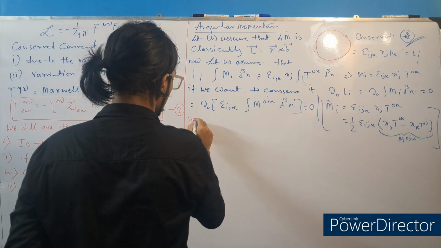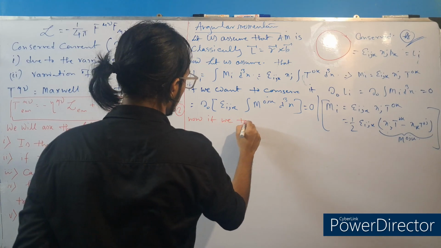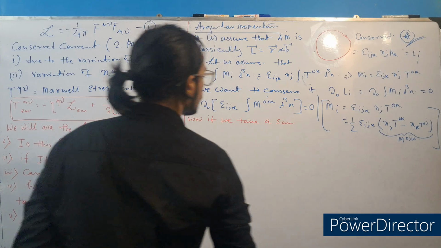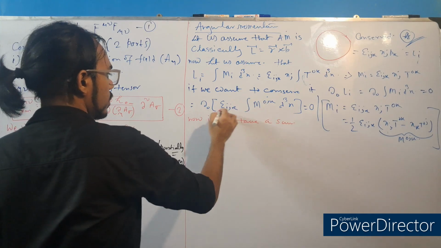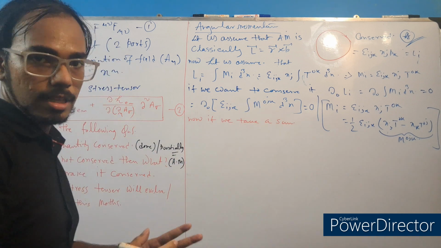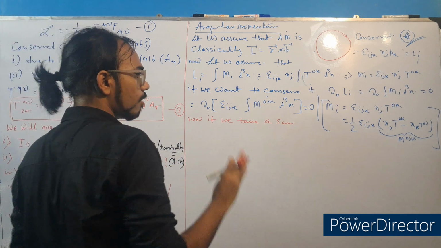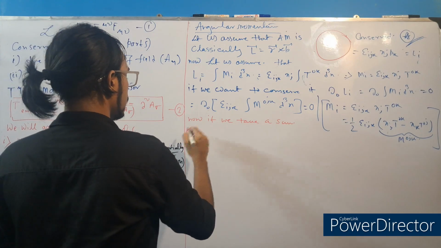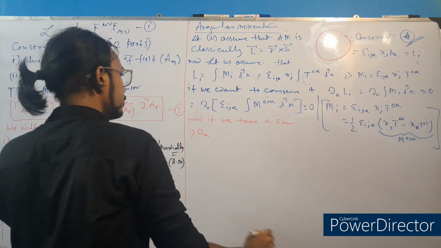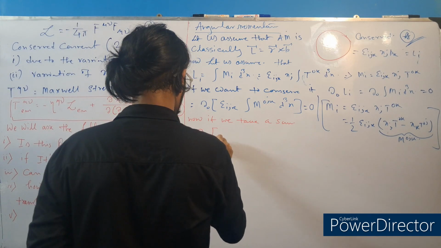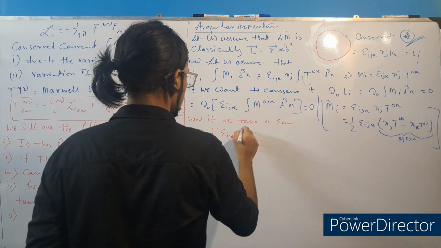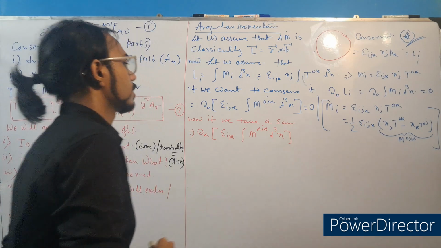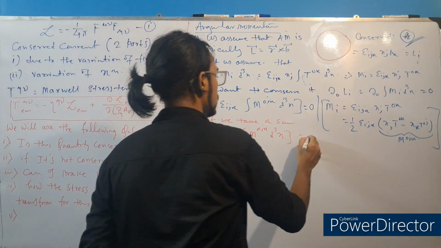Now if we take a sum, this is just the zeroth component we are talking about. Now if we take the sum for all of the indices, 0, 1, 2, 3, they don't exist because they are 0, but you can take them. This is del_alpha epsilon^{ijk} M^{alpha jk} d^3x, and this is equals to 0.